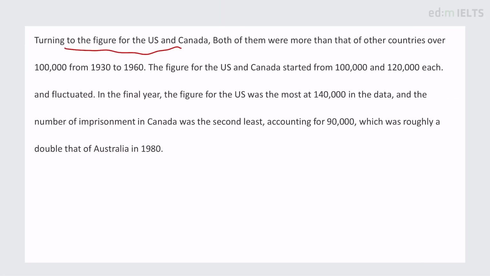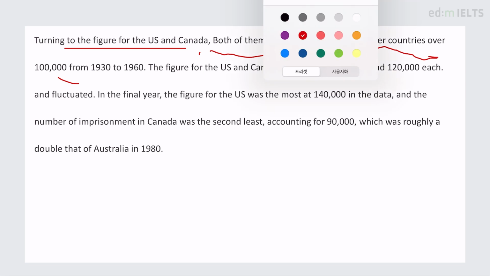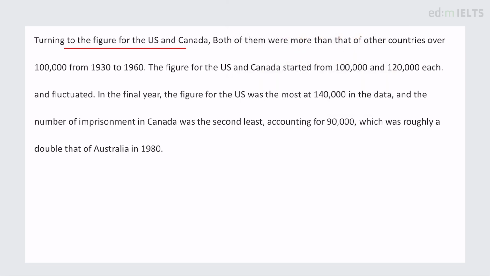Turning to the figures for the US and Canada, so the two North American countries, both of them were more than that of other countries. Okay, so turning to the two figures for those countries. I mean, if you do want to say turning to, it can be okay.